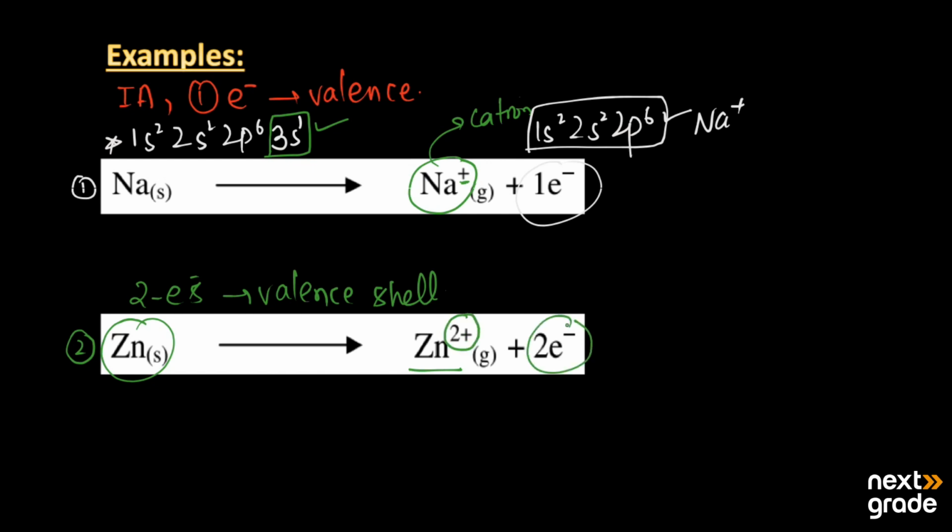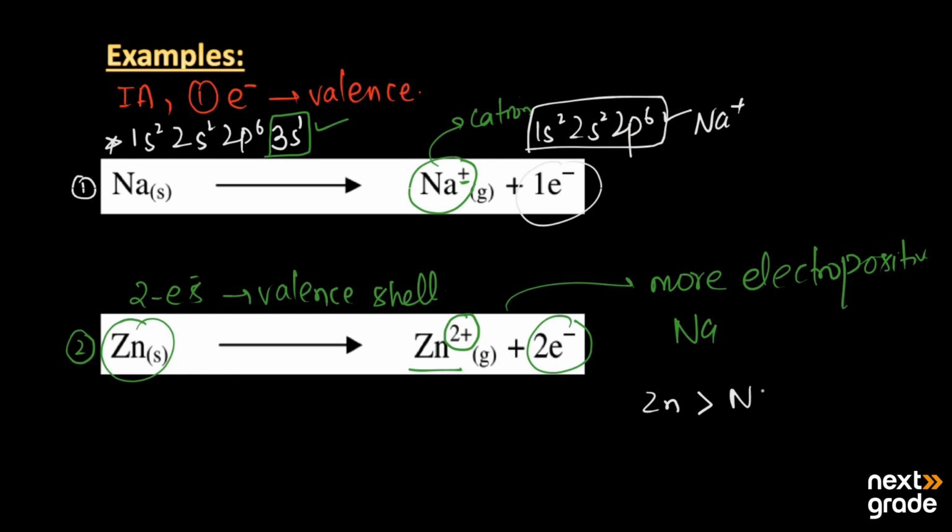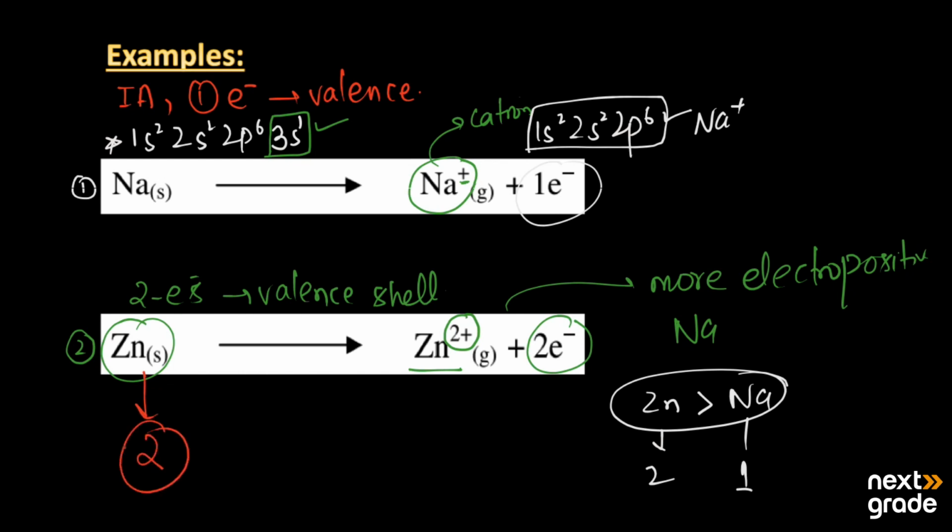As zinc loses two electrons, it will be more electropositive as compared to sodium. So we can write that zinc is more electropositive than sodium because it loses two electrons while sodium loses just one electron from its valence shell. The valency of zinc is 2 because it loses two electrons.